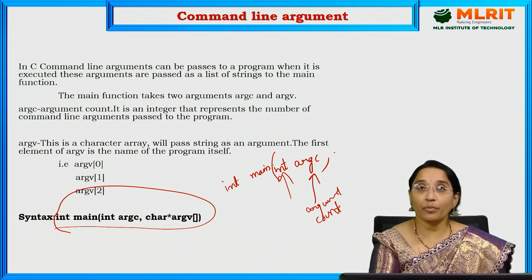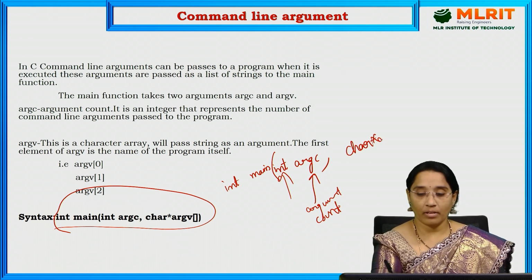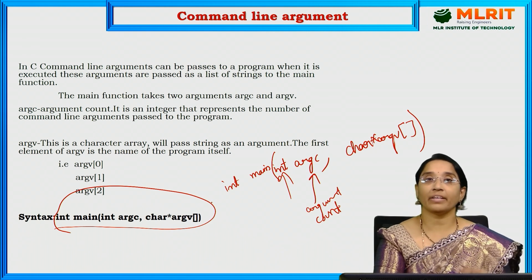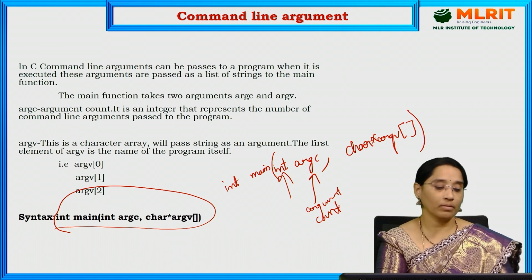Next, argv is a character array, so you need a pointer that maintains the vector, starting from 0, 1 and so on, based on how many strings you pass.